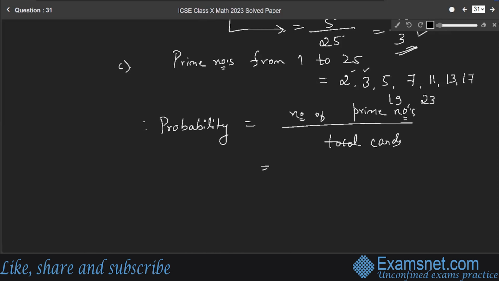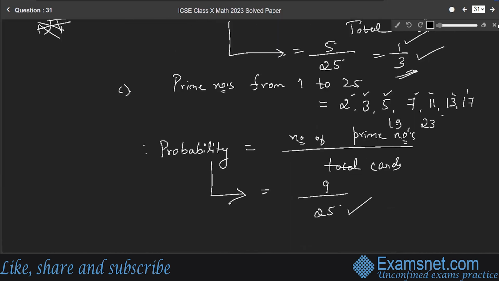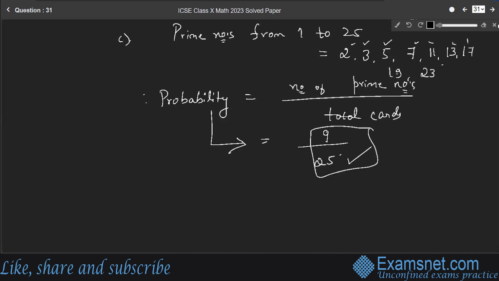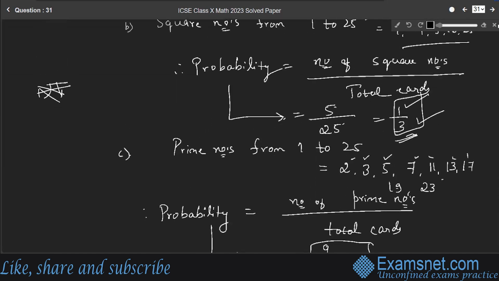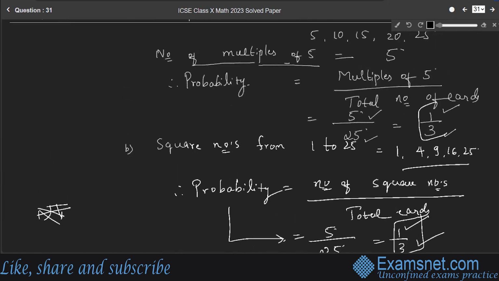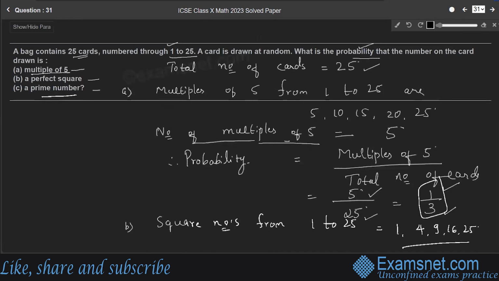There are 9 prime numbers from 1 to 25, and the total number of cards is 25. So the probability is 9 by 25. So the answers: the probability of a multiple of 5 is 1 by 5, a perfect square is 1 by 5, and a prime number is 9 by 25.